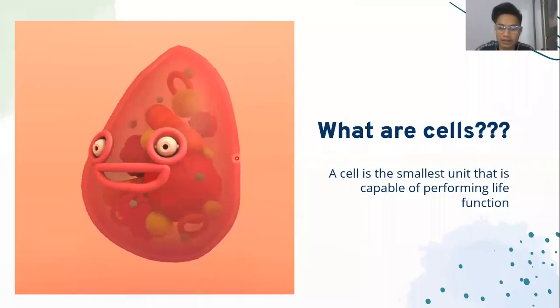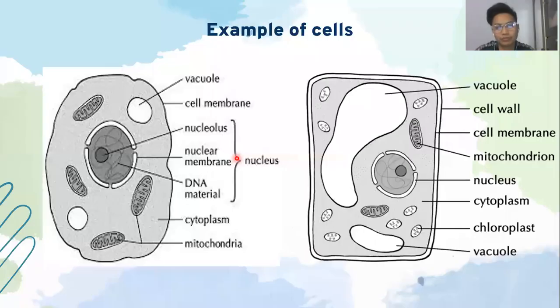A cell is the smallest unit that is capable of performing life functions. So this is an example of cells, at the left side you see animal cells, and at the right side you will see the plant cell.